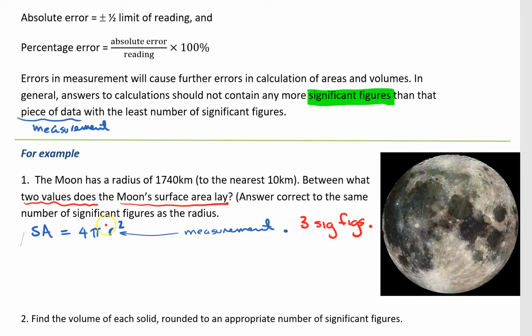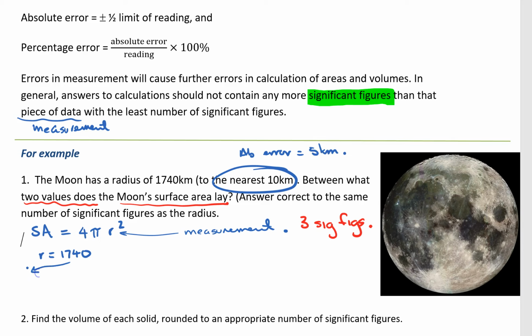So when we get our answer, and we're going to give 2 answers, 2 values, the lowest value that the surface area could be and the highest value that the surface area could be. How do we get those? Because we know that the radius is given as 1740. It's to the nearest 10. That gives us absolute error of 5. Why do we need the absolute error? So that I can adjust this radius.